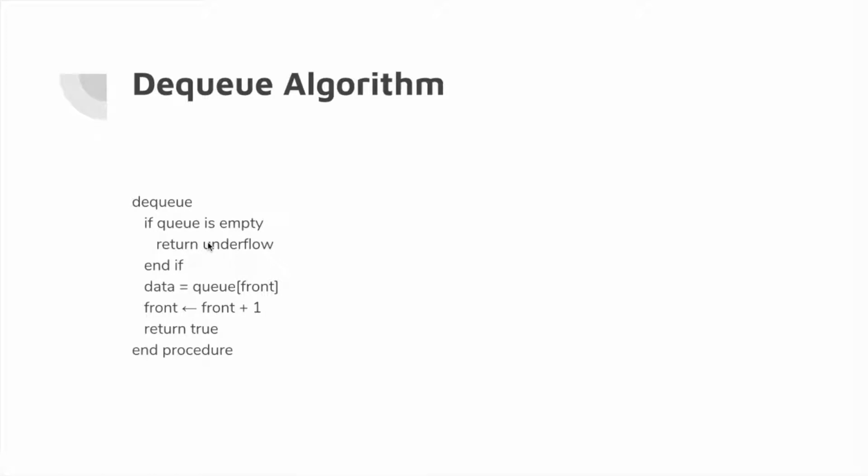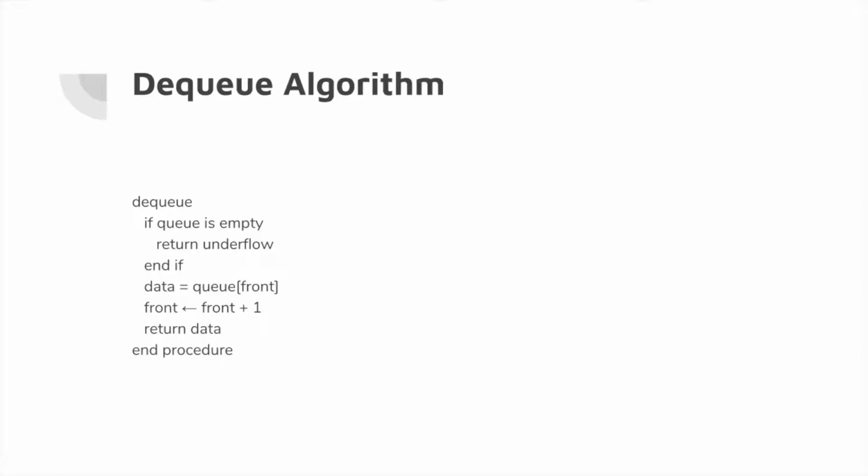After this condition is satisfied, and if the queue is not empty, we get into the next step, where we create a variable called data and assign the front element of the queue to this data. After this, we increment the front index, and we return the front element data. So this is the pseudocode which is written for dequeue.